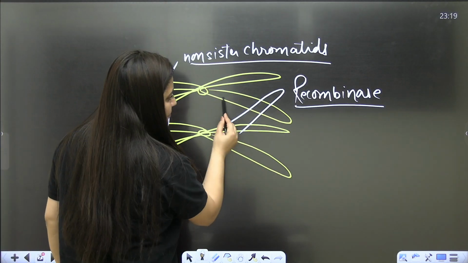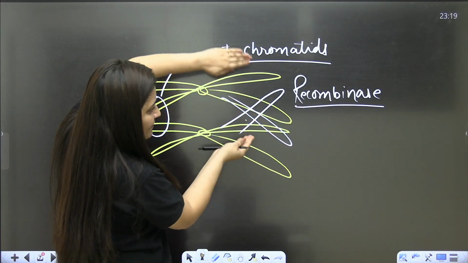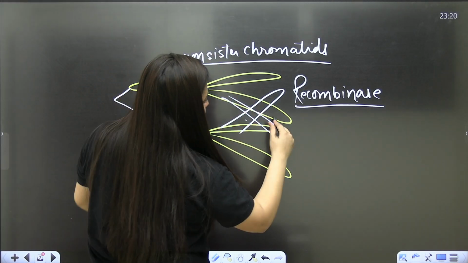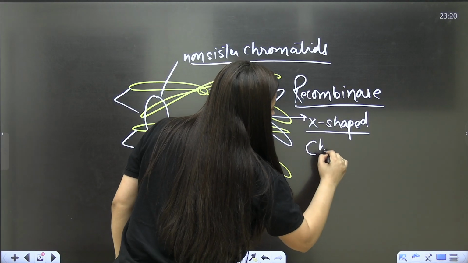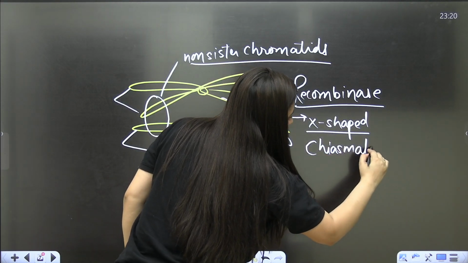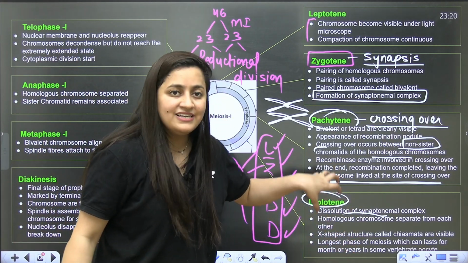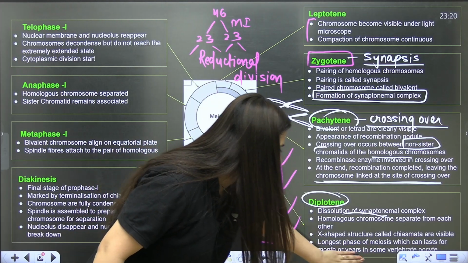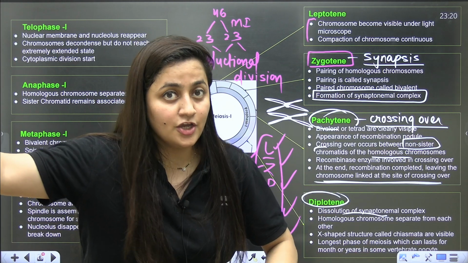If this is the point where crossing over has occurred, the chromosomes will try to separate, but this X-shaped structure will remain like this, and we call it chiasmata. What's that X-shaped structure? That is known as chiasmata. Is that clear? This is the longest phase of meiosis, which can last for months or years in some vertebrates, like humans.